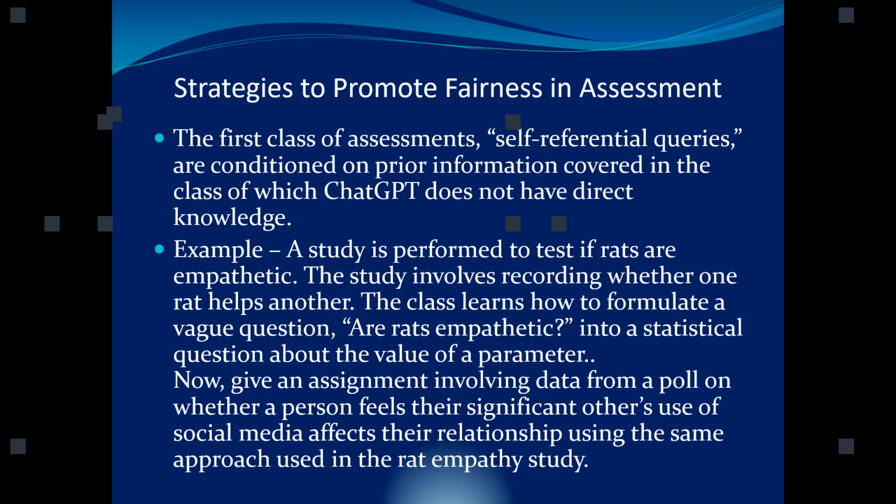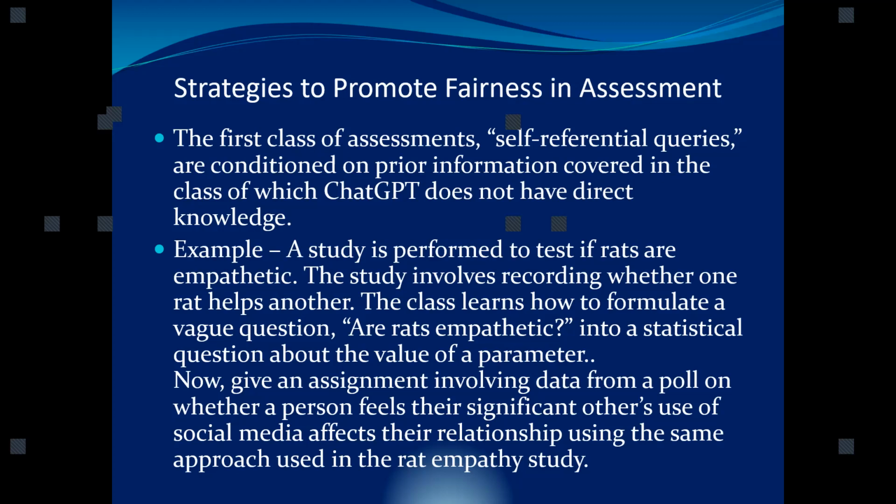Here is an example. We can give an example in the class talking about the rat empathy problem in a statistical question with a few parameters. But when we ask the question, we change this rat empathy, and now the question asks how a person feels about their significant other's use of social media.